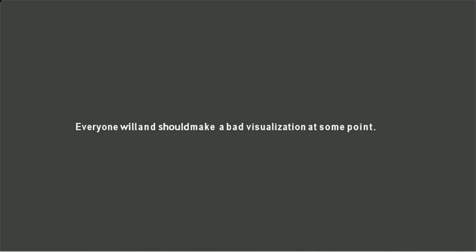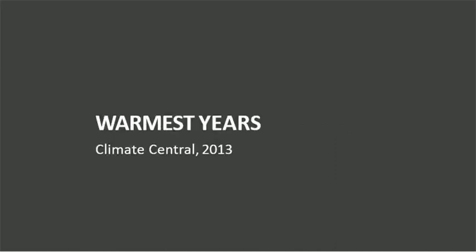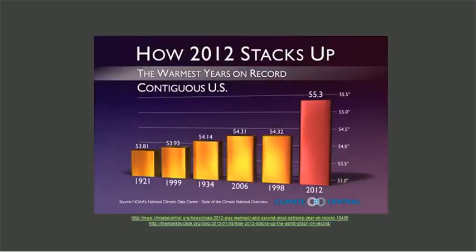Here we will discuss the Warmest years example, from Climate Central 2013, and we will talk about what is bad in this visualization and how we can find a solution to it, so we can move toward graphical excellence and make it understandable to the user. First of all, as we have talked about many times, what kind of graph is it?